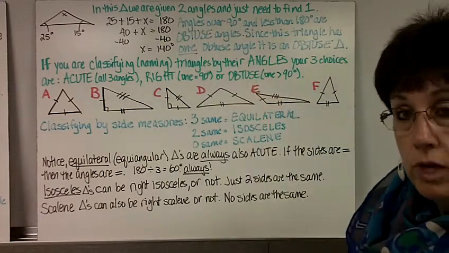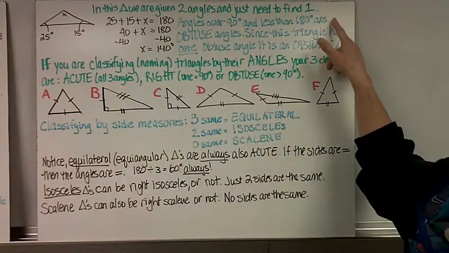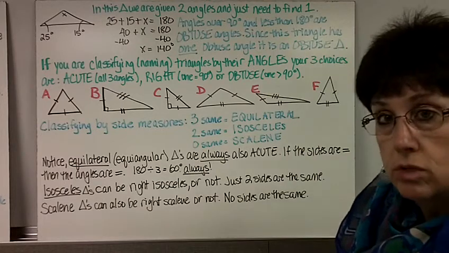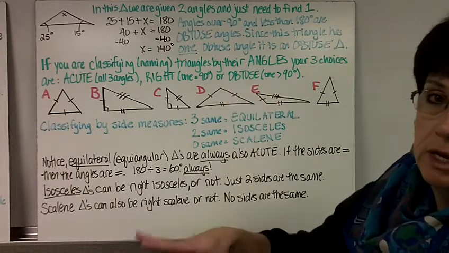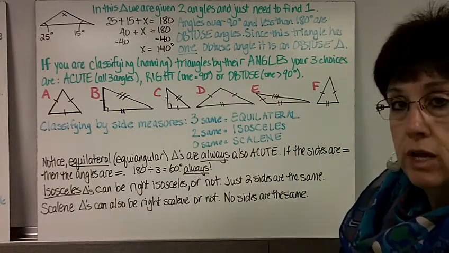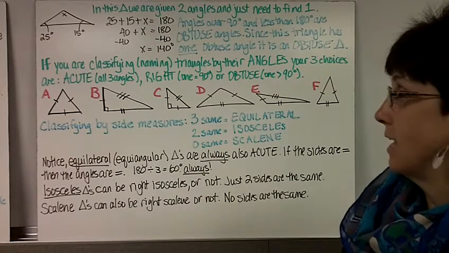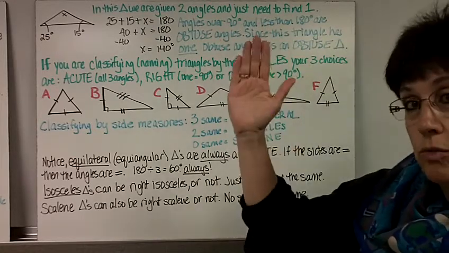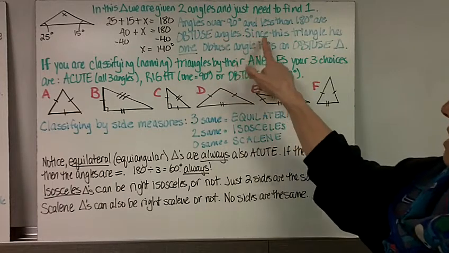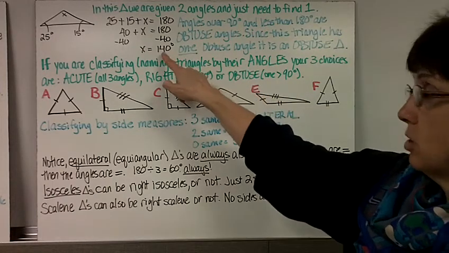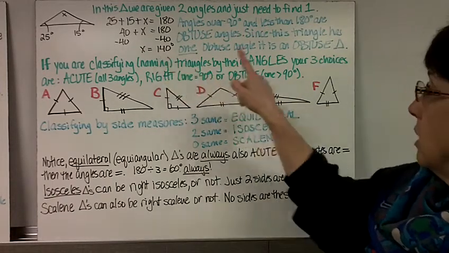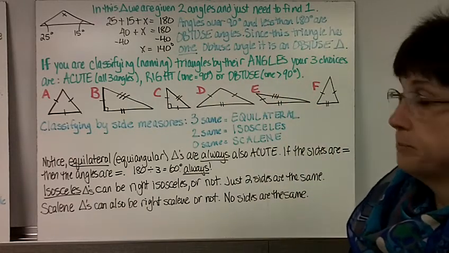And angles over 90 degrees and less than 180 degrees are called obtuse angles. Okay, I didn't define acute angles for you, but those are angles that are more than 0 and less than 90. And then the right is right at 90. Since this triangle has one obtuse angle, this angle right here, 140, it is an obtuse triangle.